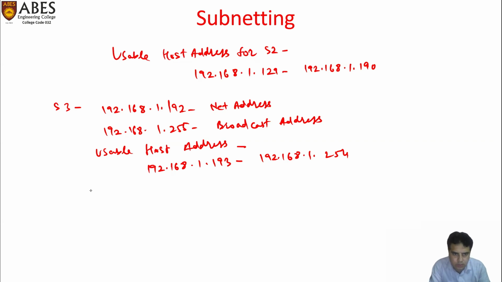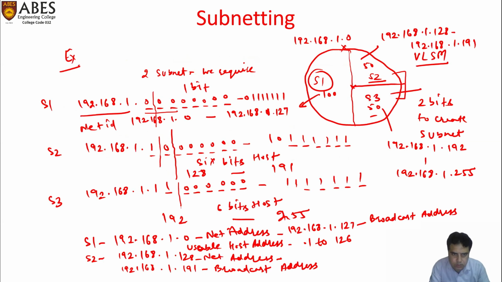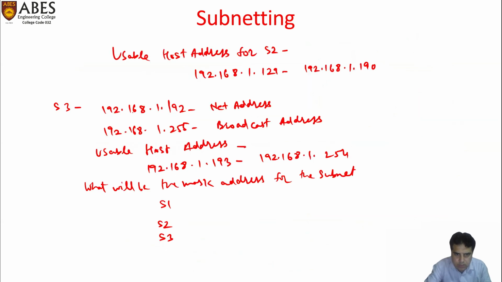Now one more thing: what will be the mask address for subnets S1, S2, and S3? For subnet S1, we use 1 bit to create the subnet.